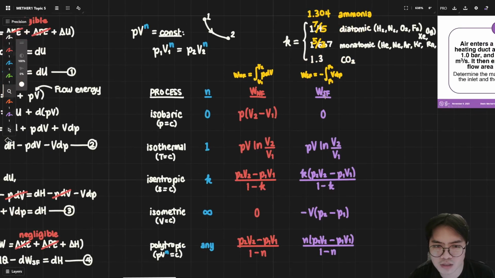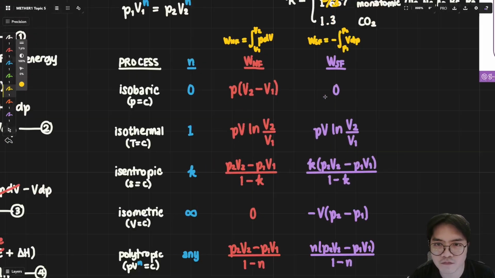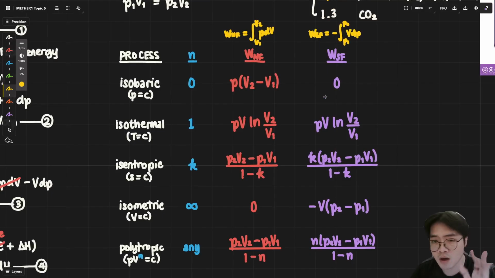So the full number of formulas that we have to memorize is the general one for non-flow, the general one for steady flow, and you have essentially 5 for non-flow processes, 4 if you don't count isentropic and polytropic as different things. But say 5, that bumps the total to 7.